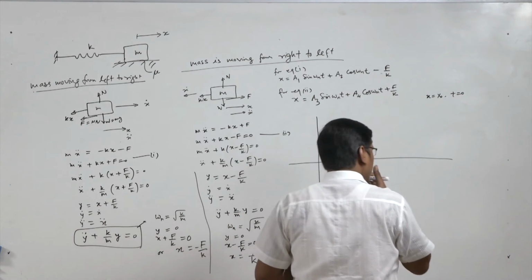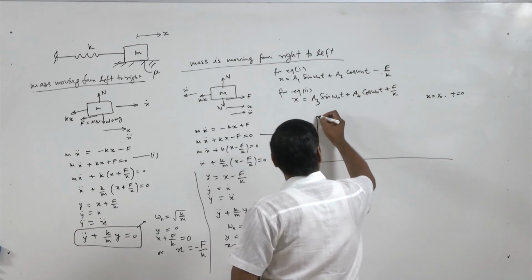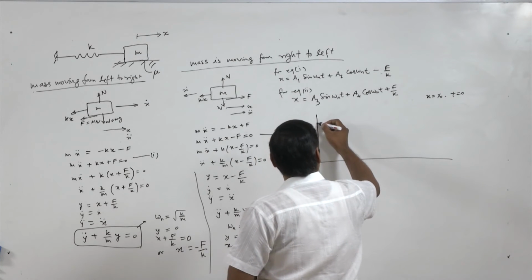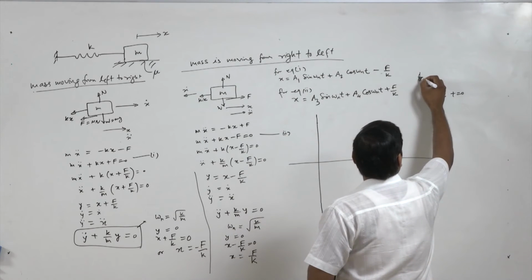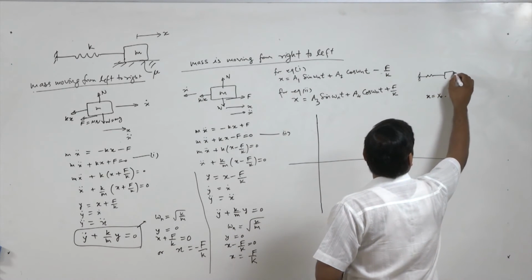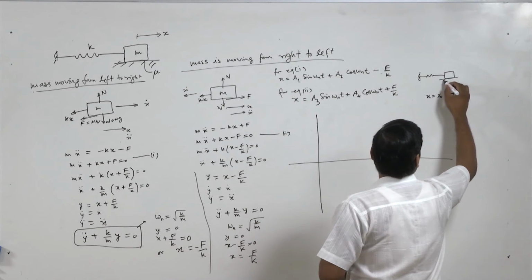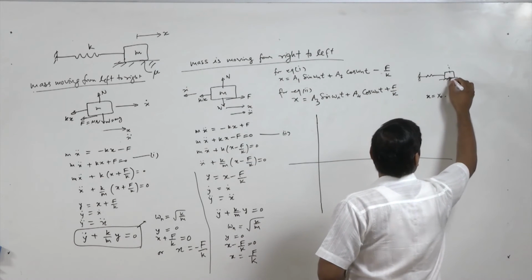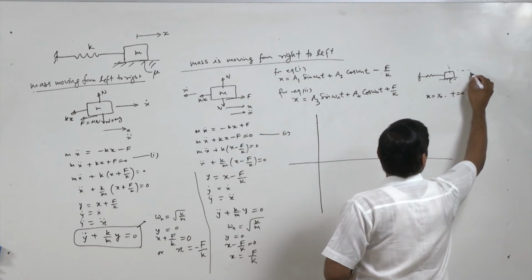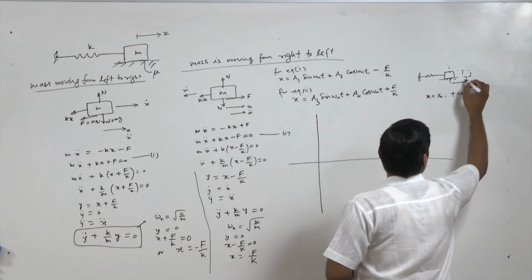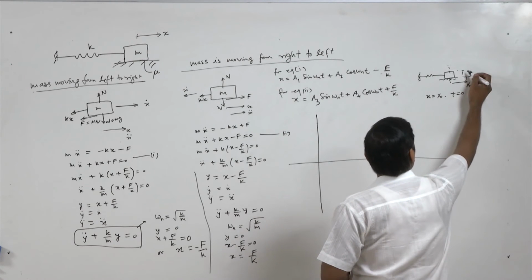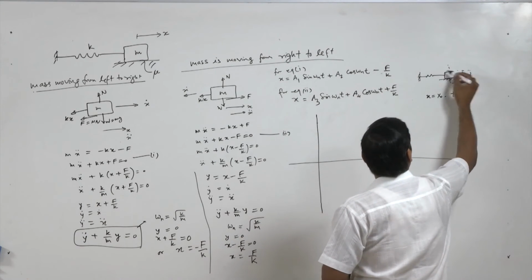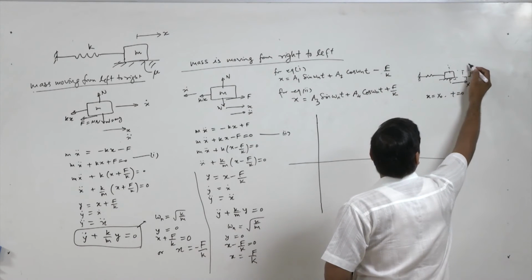So for such initial conditions, we will start. It means that we have this mass at the equilibrium position, and we have pushed it with x0, and then we release it. So it will start moving from right to left.